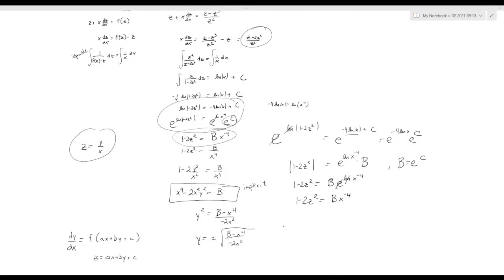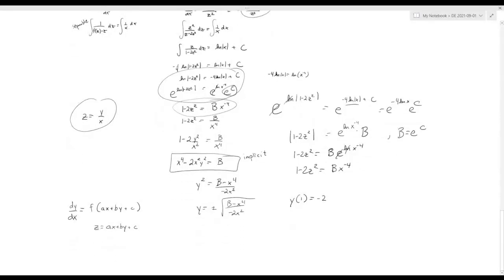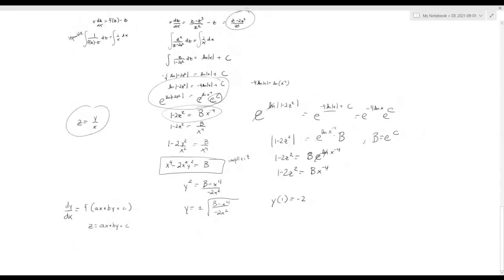Okay. So for example, y of 1 is equal to negative 2. So this is actually a good example. Can we find an explicit solution for y?